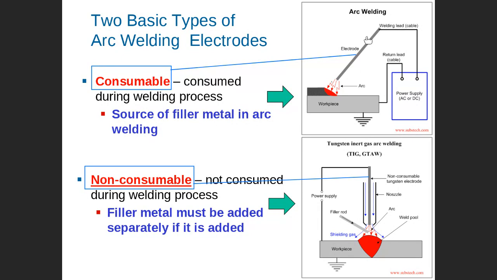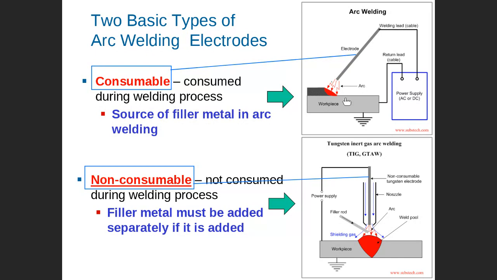Here in a consumable electrode, the electrode itself works as the filler. This electrode will be melted. As the temperature increases, the electrode melts and is deposited as a filler. We call it consumable because after some time it will be consumed. You need to change and replace it with another one and so on.